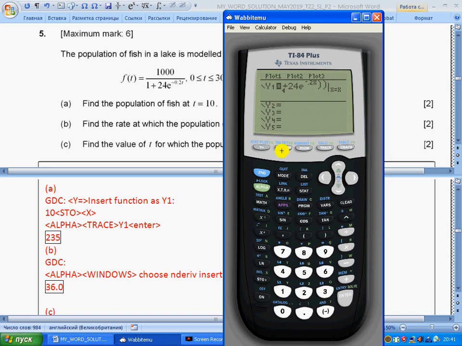Then we go to Windows, from 0 to 30, actually let's go to standard, 6 standard. So this is our derivative.